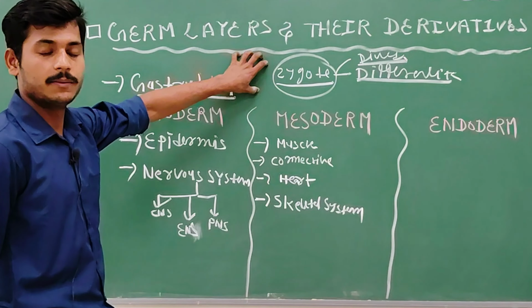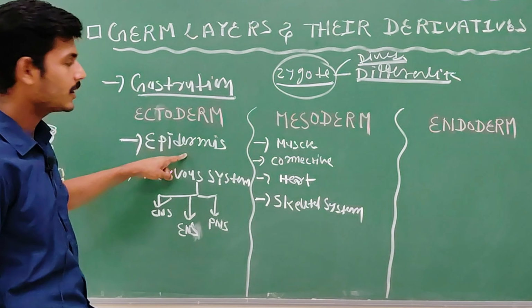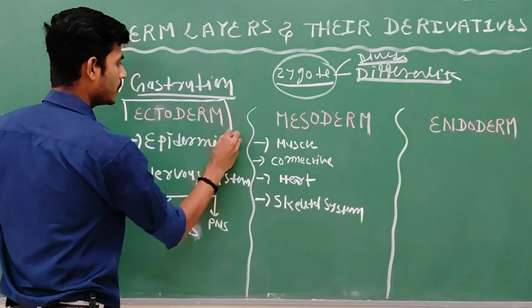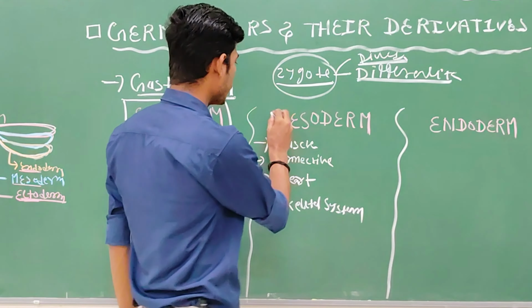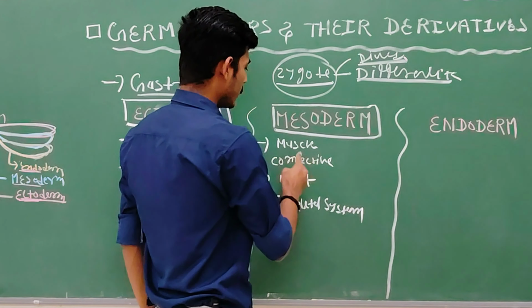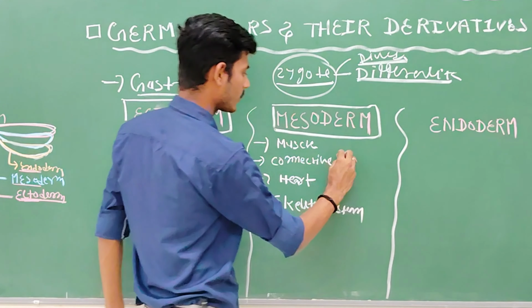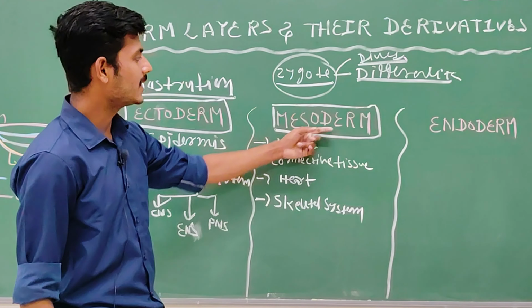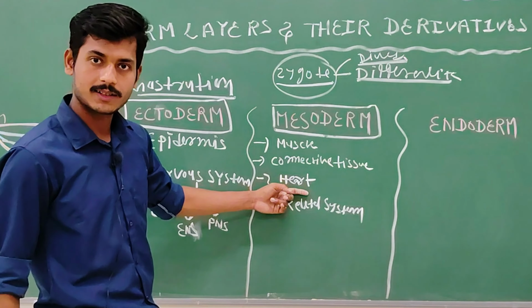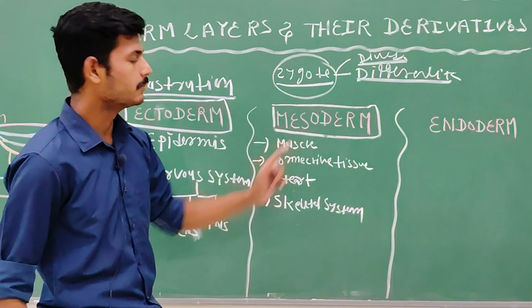So from the embryo there is formation of these germ layers: the epidermis and nervous system from the ectoderm, and muscles, connective tissue such as blood and lymph, the heart, and the skeletal system from the mesoderm.